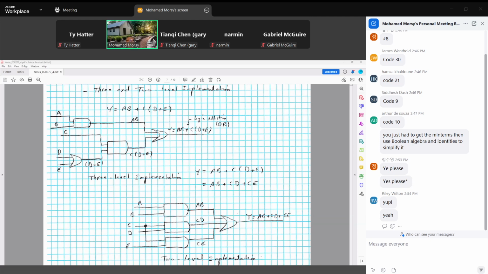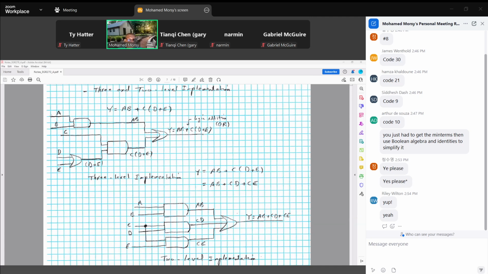We reach the original inputs, because if we have A inverted B, one input is A inverted and the other input is B. If this A is A inverted, we have another gate, right?